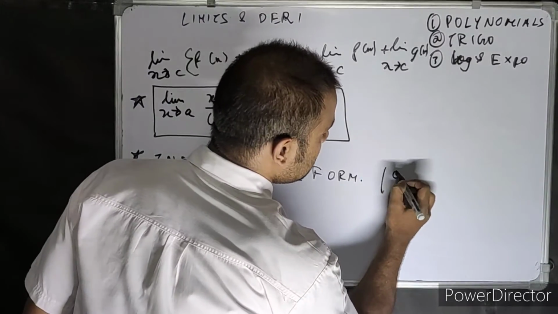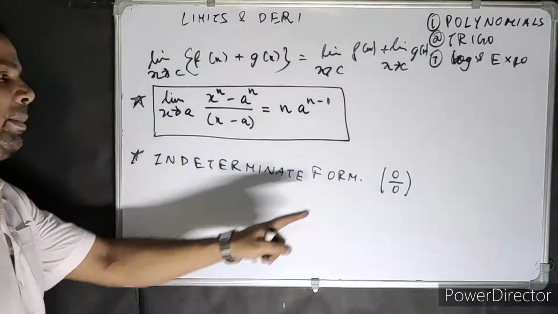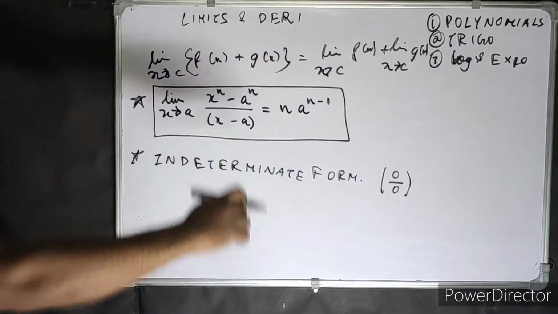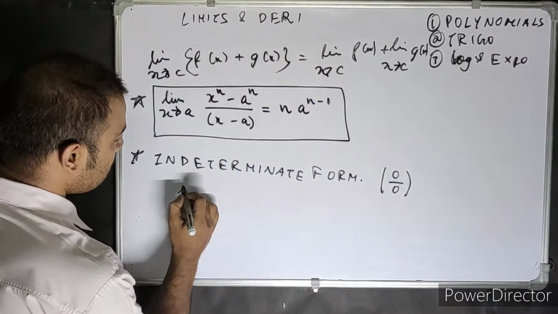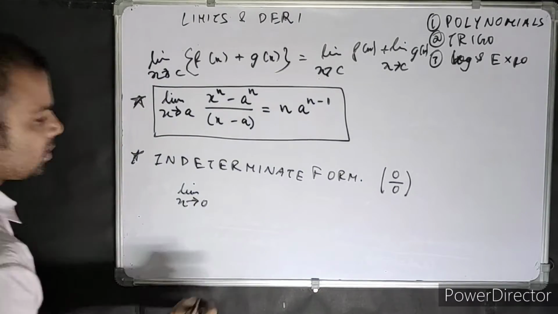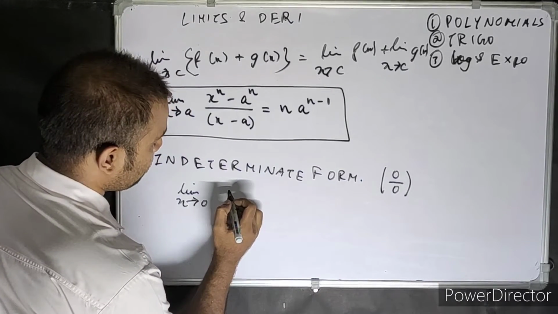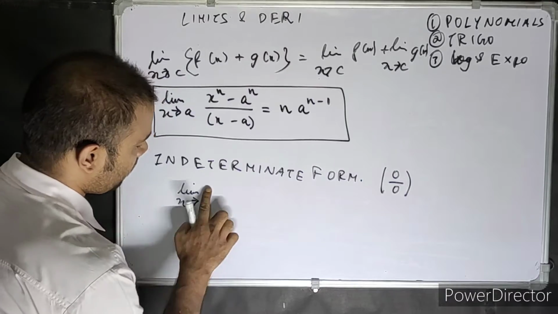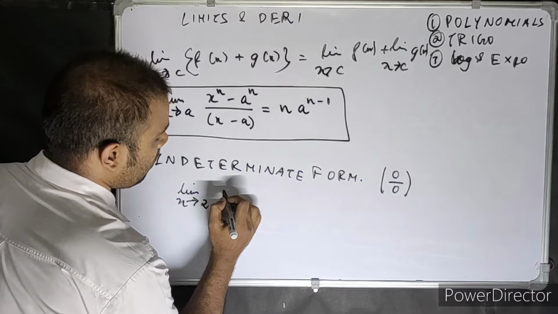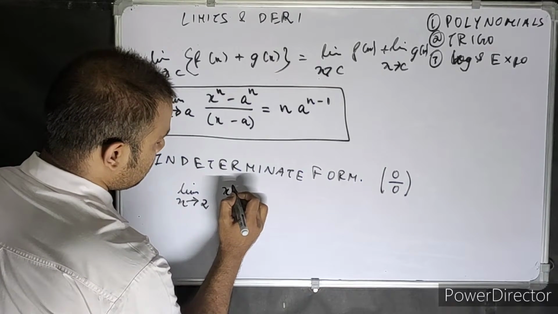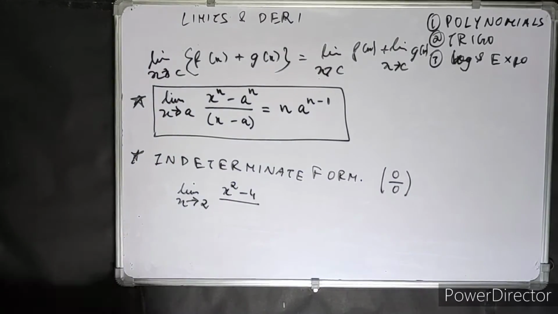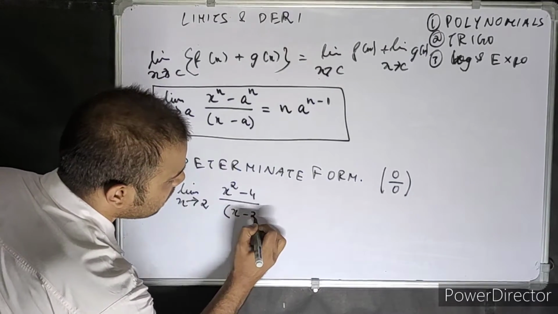If it's of the form 0 by 0, that means when you put the limit on top you get a 0, and down also you get a 0. Let me give you an example. Let's say limit x tends to 2 of x square minus 4 divided by x minus 2.